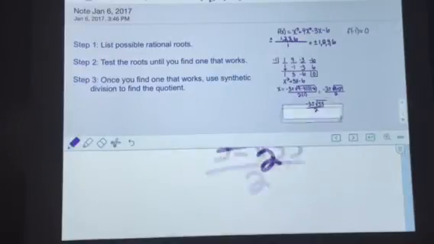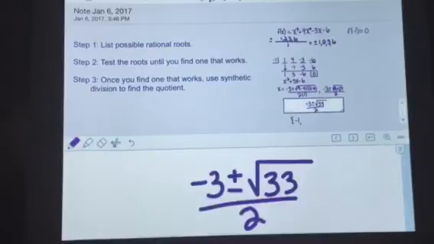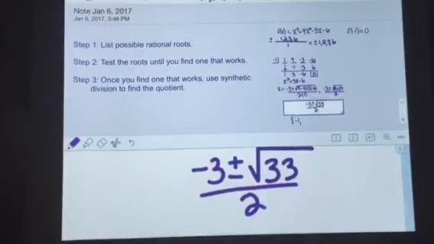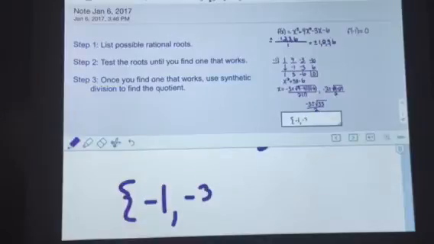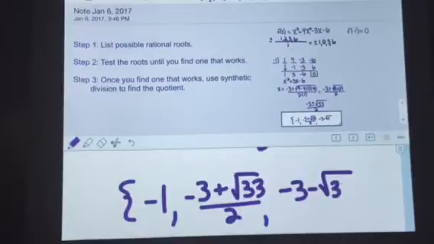So that means our list of zeros would be our -1, which we found originally. And now these irrational zeros, -3 plus square root of 33 over 2, and -3 minus square root of 33 over 2. And you generally don't have to write them separately.